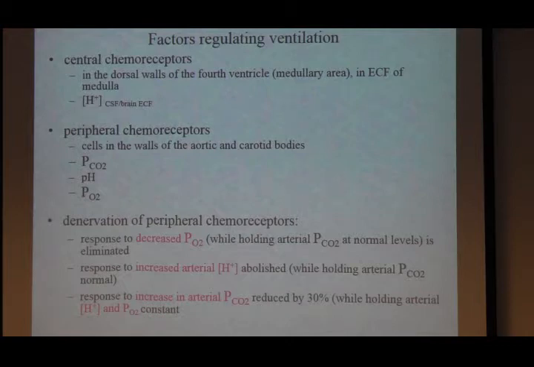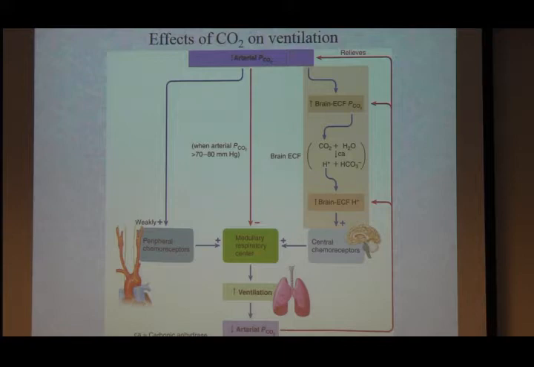So what this says is that the peripheral chemoreceptors do respond to some extent to changes in the PCO2 of blood, but only account for 30% of the ventilatory response produced by elevation in PCO2. So the elevation in the PCO2 of blood causes an increase in ventilation. 70% of this increase is produced by the central chemoreceptors, 30% by the peripheral chemoreceptors responding to this condition.